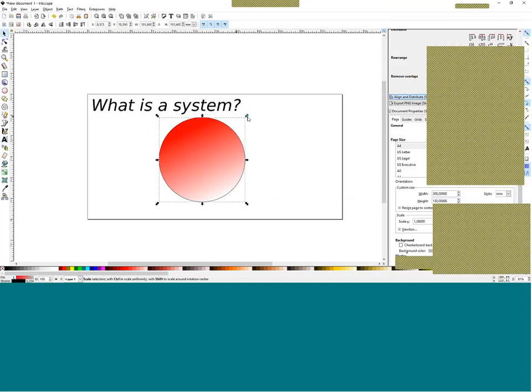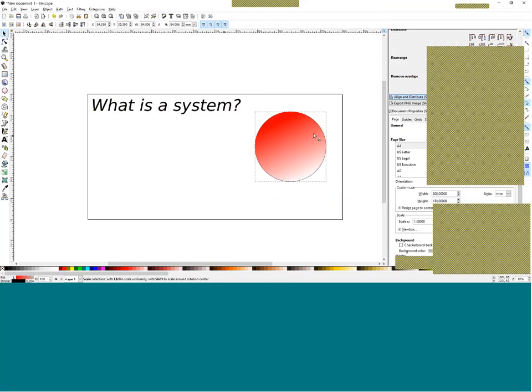So before we start our exercises and determine energy, we have to first determine how to define a system exactly.